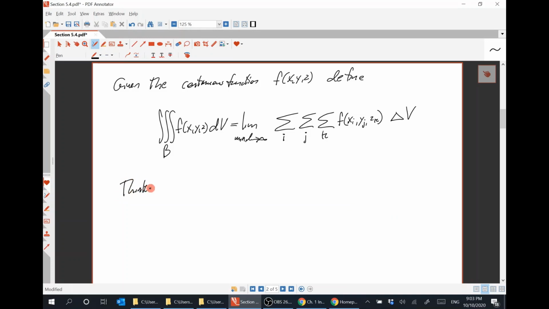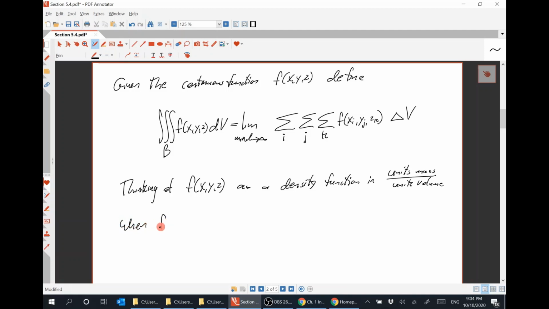Thinking of f(x, y, z) as a density function, in units mass over units volume. Thinking of f as a density function, units mass over units volume.